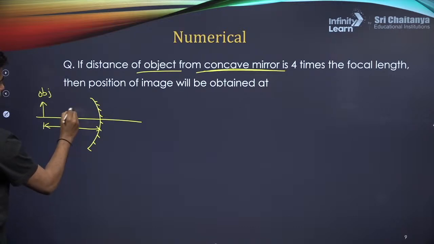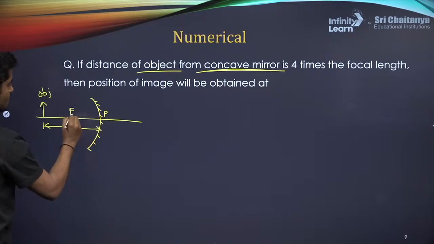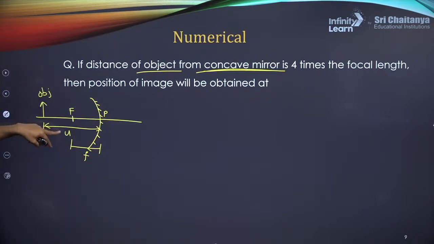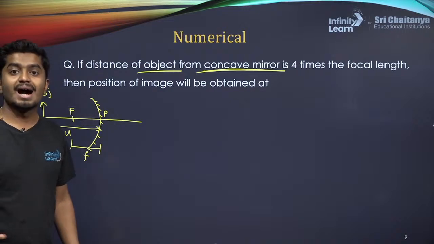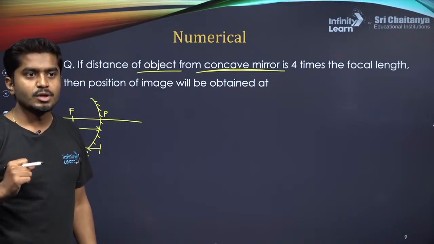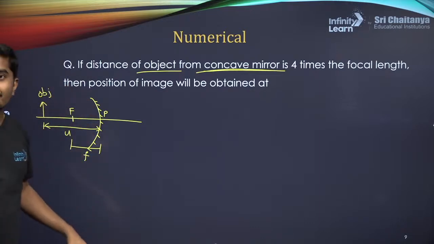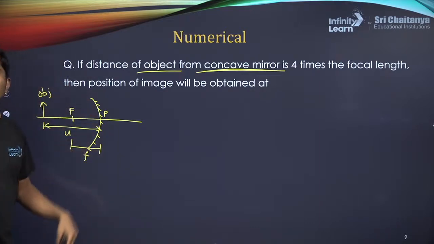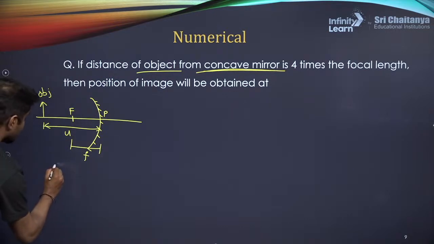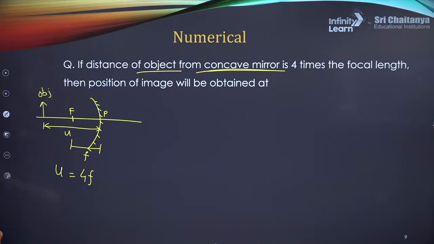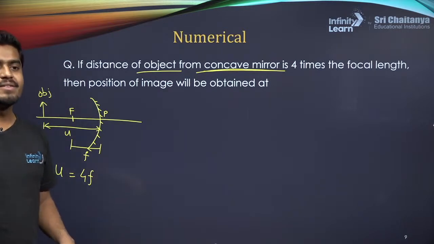There is a focus, there is a pole, so this distance is the focal length. Both U and F are negative. You remember, the focal length for the concave mirror is negative, and even U is negative. So we can write U is equal to 4 times F.